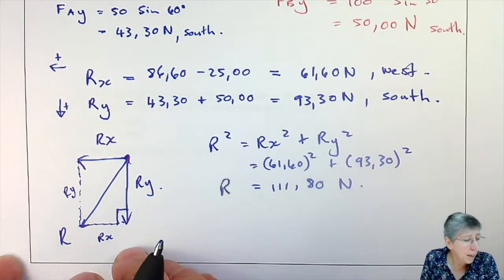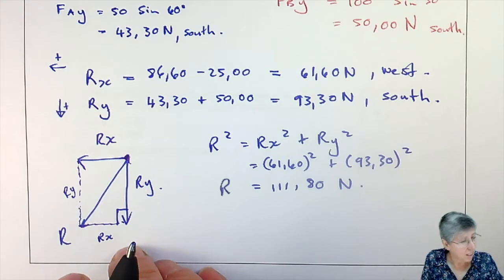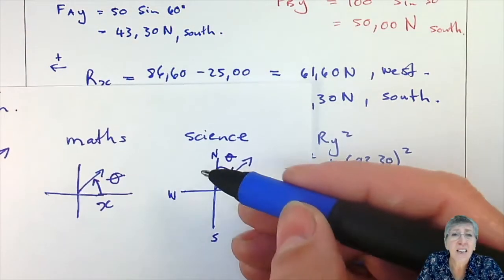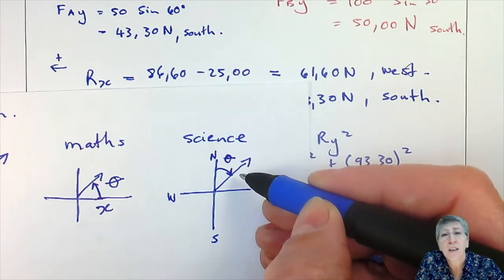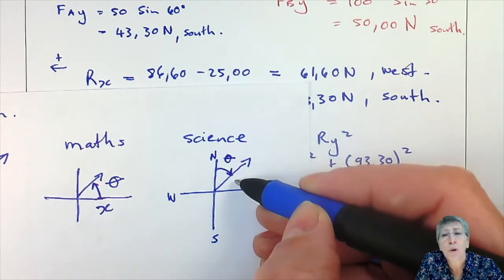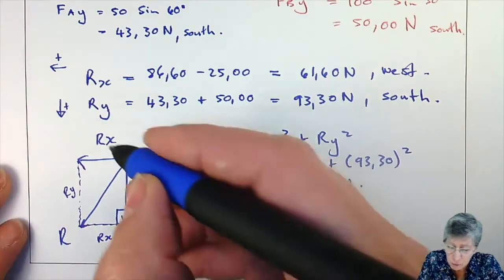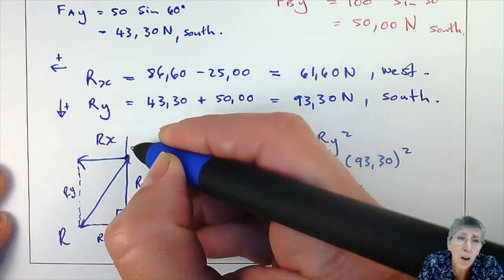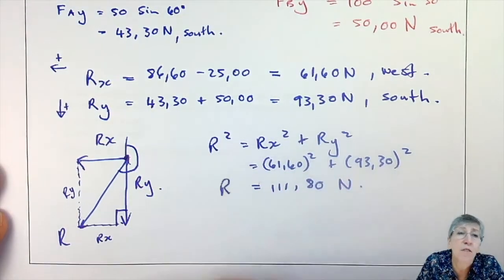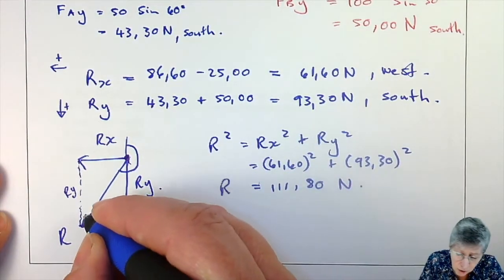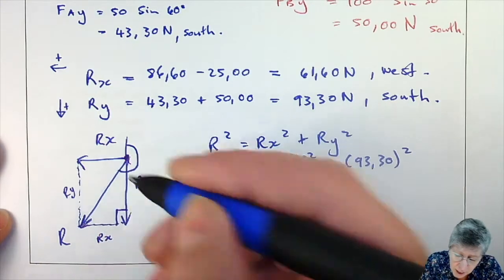Now if you think back, what do we do in science? Now remember, in science we're going to work from north clockwise. Right, so we started out with north over there, and we work clockwise up to our vector. Right, so if I want the direction of that vector, I need that angle.